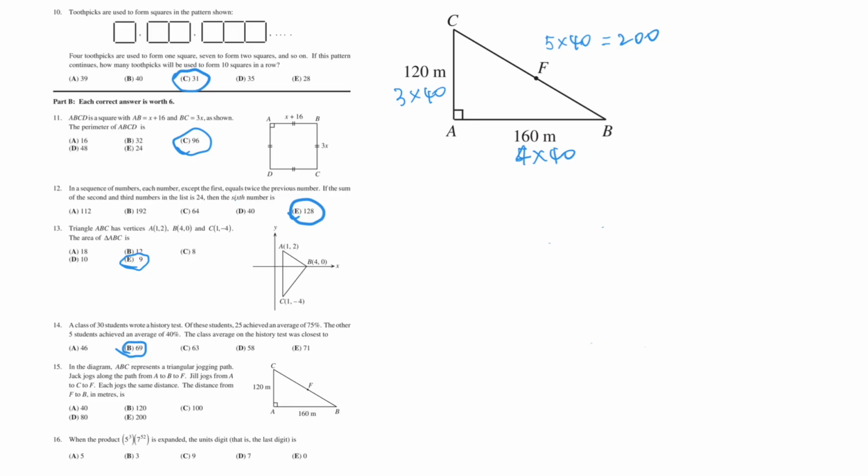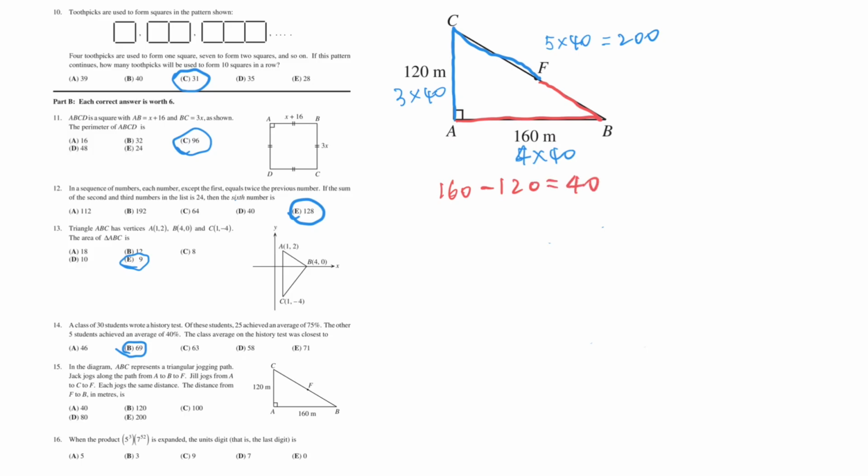Also, they told us the two joggers jog the same distance. So AC to F equals AB to F. For AC and AB, the difference is 160 minus 120, that's 40.